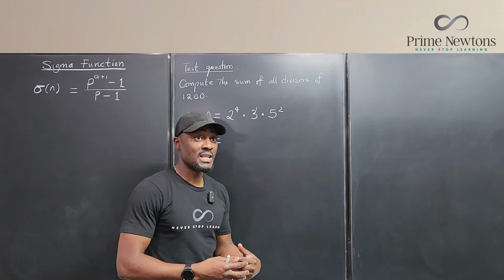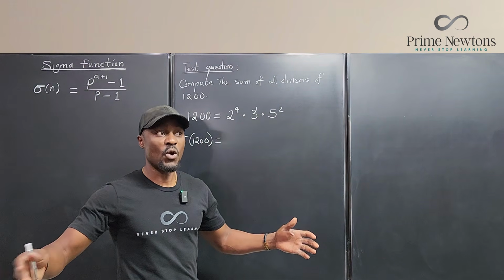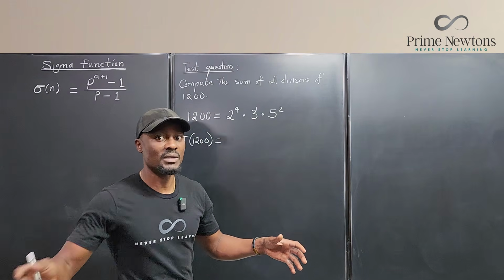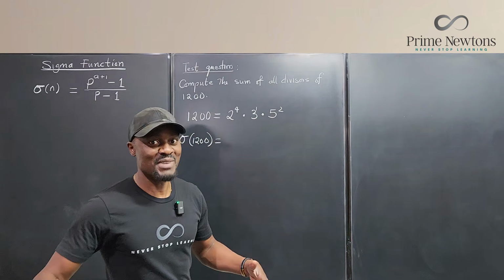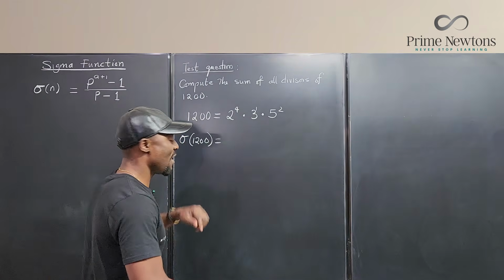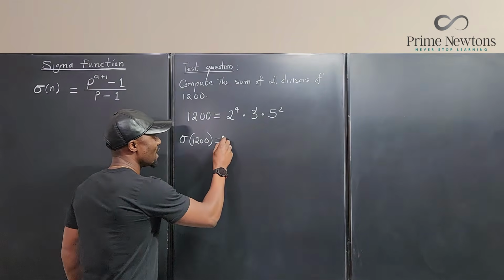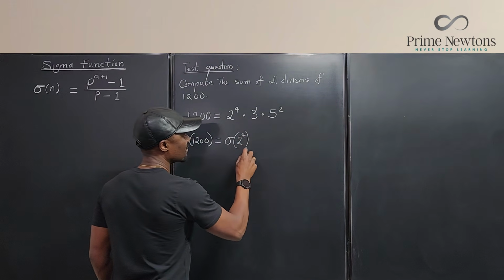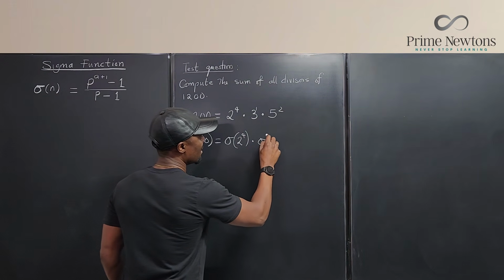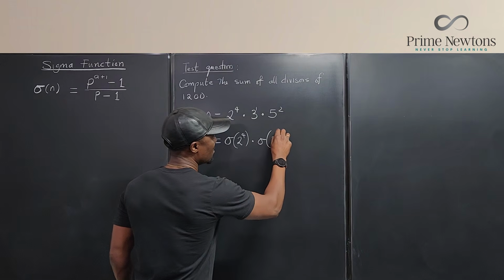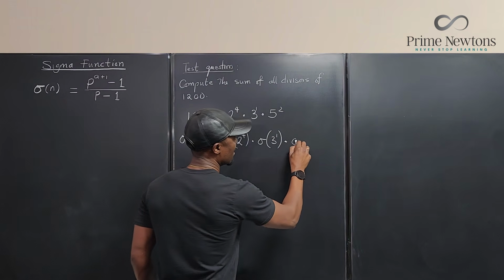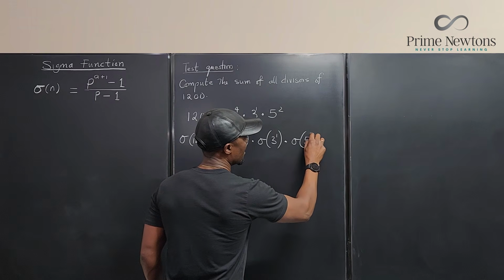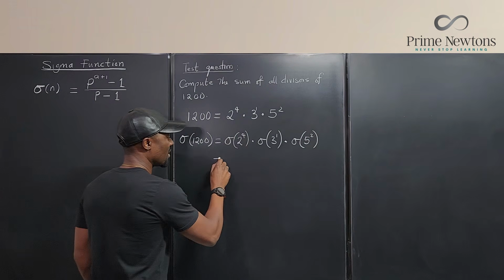The sigma of a product is the product of the sigmas. So that's what's going to happen here, and we're going to prove it later. We know that it's going to be the sigma of 2 to the 4th multiplied by the sigma of 3 to the 1st multiplied by the sigma of 5 squared. And now we have our formula.